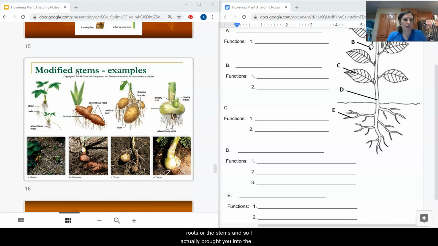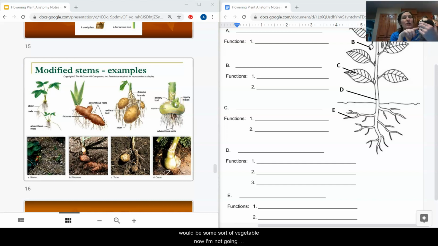And so I actually brought you one, and for the life of me, I can't remember what kind of flower this was, but we had planted this a long time ago, and the stem was actually very long, but my husband cut it off. But when we pulled it out, you could see that growing underneath the soil, kind of like that last picture right there, was a humongous root. And I would say that this would be some sort of vegetable.